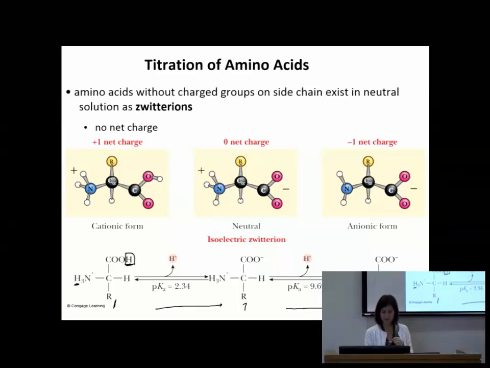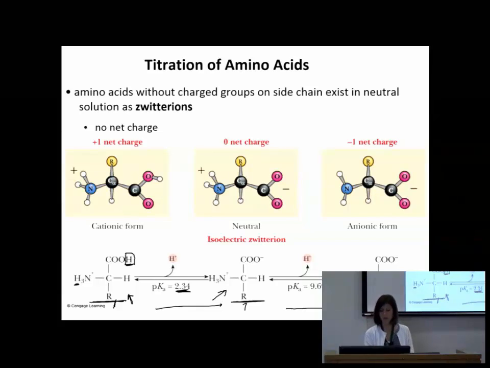So at that pH equal to the pKa, we have half of this form and half of this form. So below this pH, 2.34, we predominantly have that one. Above the pH 2.34, we predominantly have where the proton is off.